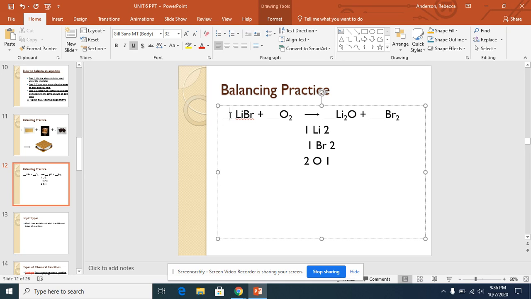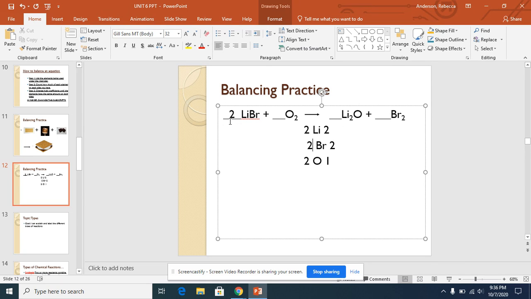Well, what times 1 equals 2? That's 2. So if we put a 2 here, that changes Li. Now we have 2 on that side. But that also is going to change Br because it's in that compound. So 2 will affect both the Li and the Br because it's in that compound. So now we have 2 Brs.